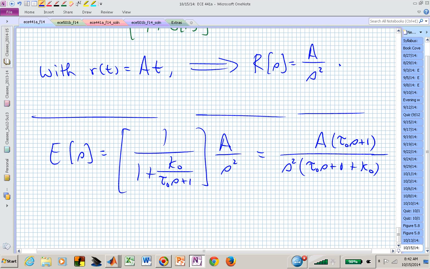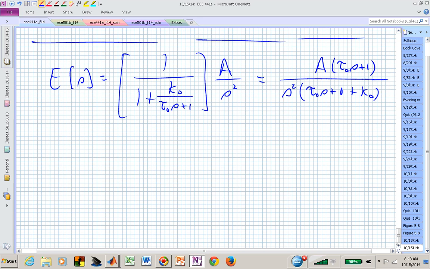What's that look like in the time domain? Can you do that? Let me put my glasses on so that I can see all of your heads shaking in the right direction. You want little e of t. Now, don't get too nervous.